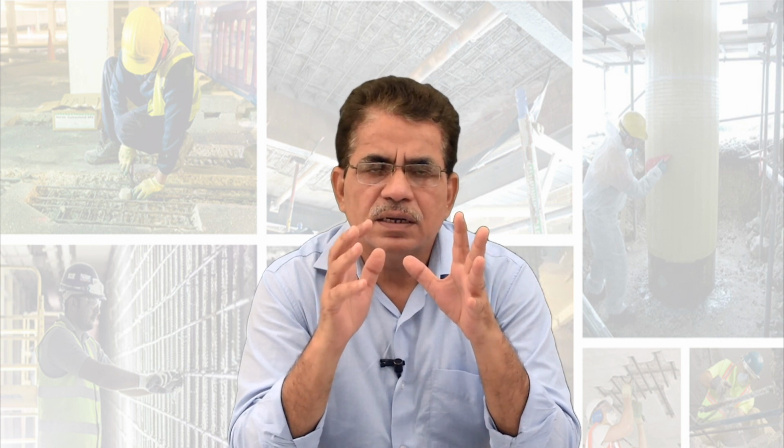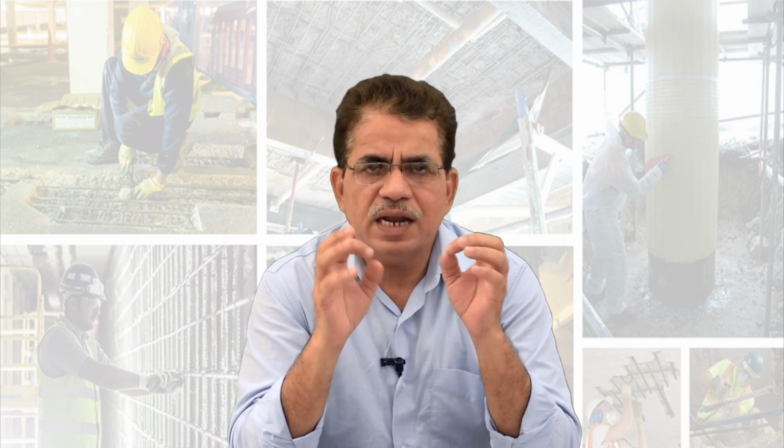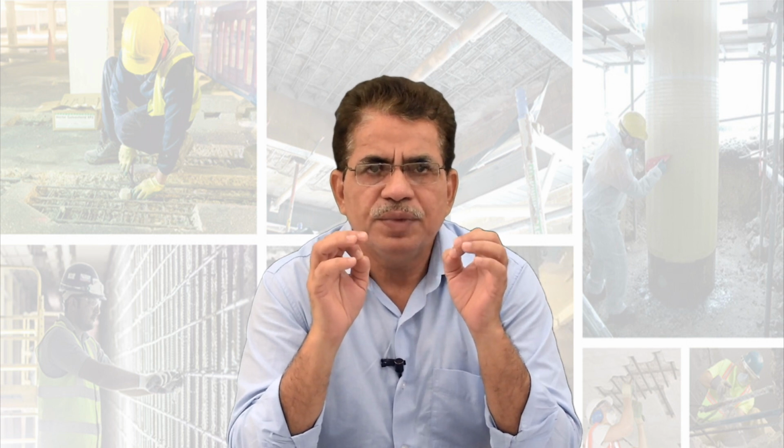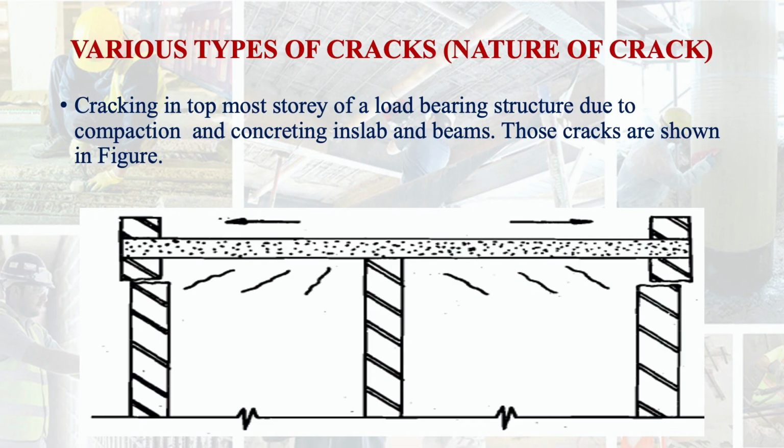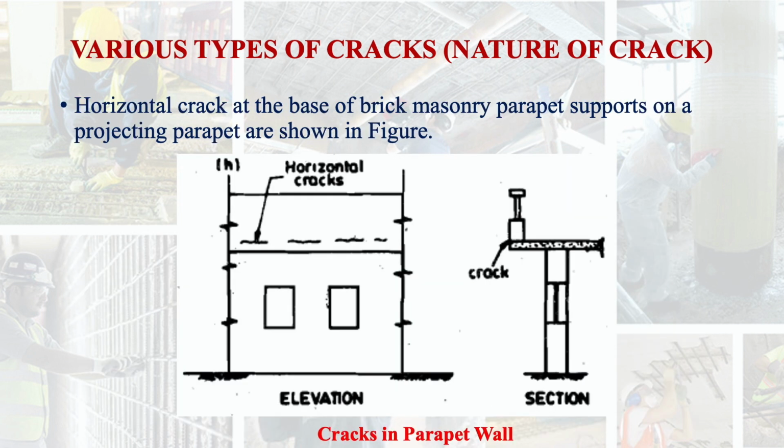That when you are doing the compaction and concreting in the slab and the beam, there may be some cracks in the topmost story of the load bearing structure. As you see here, the cracks in the wall, shear crack in the pillar, it is seen when the concreting and compaction was done in slab and beams. Then horizontal crack at the base of brick masonry parapet supported on a projecting parapet is shown here.